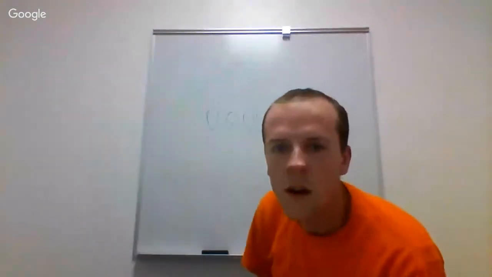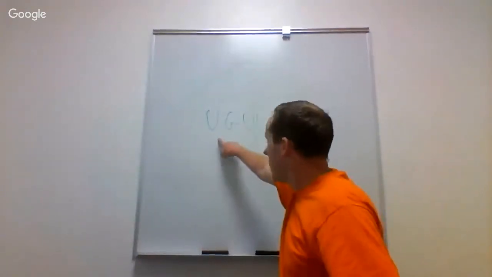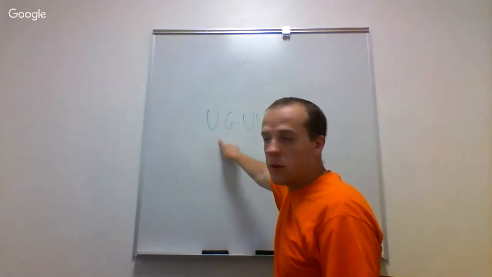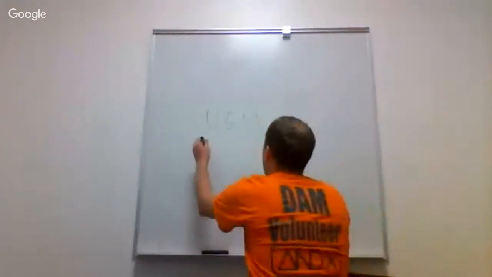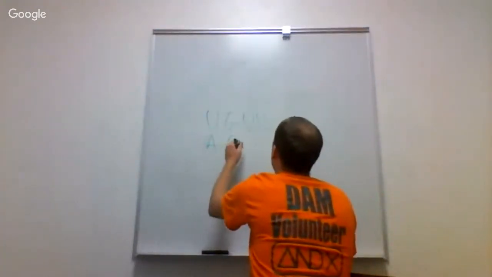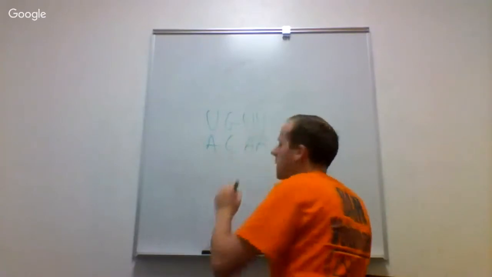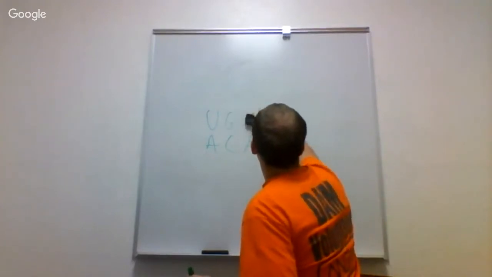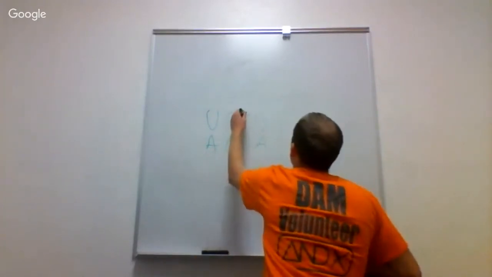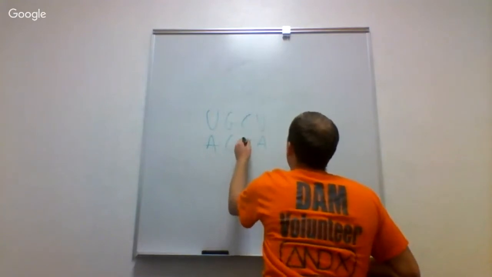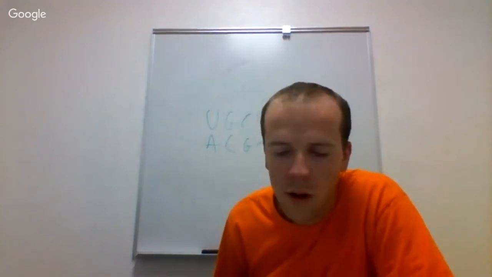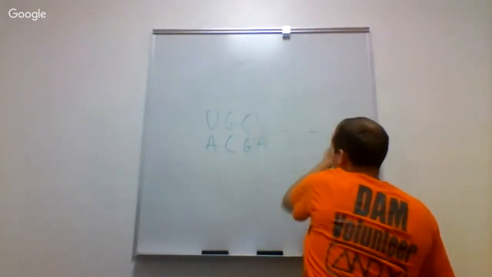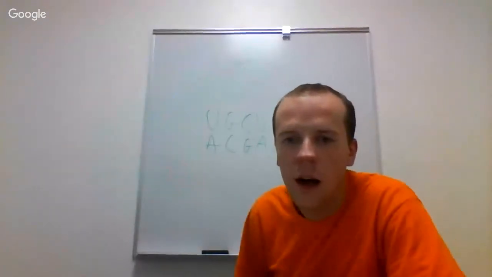For the U, the template strand that it was made from will be A. No, I didn't do that right. This is C. This will be G. Yep. That's how it would look. So this is just the first 4. You just go all the way across, do the same thing on both sides.